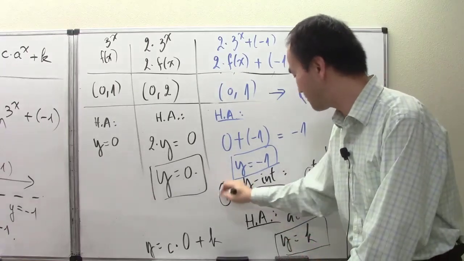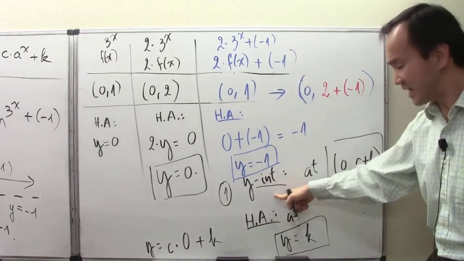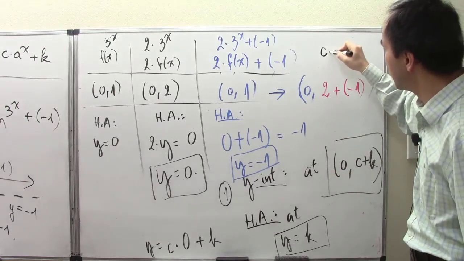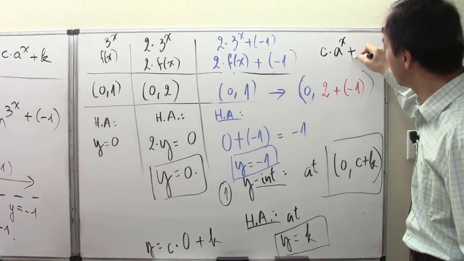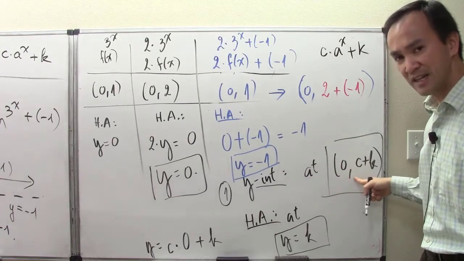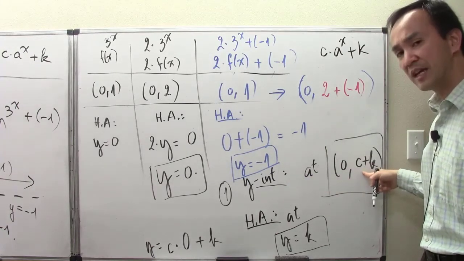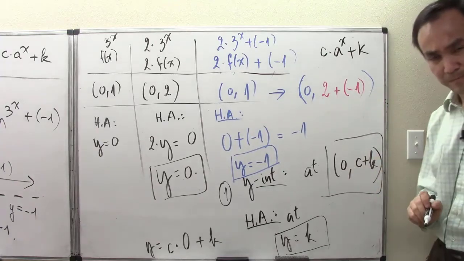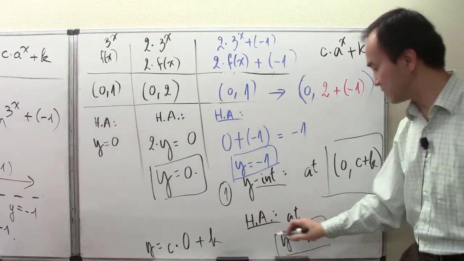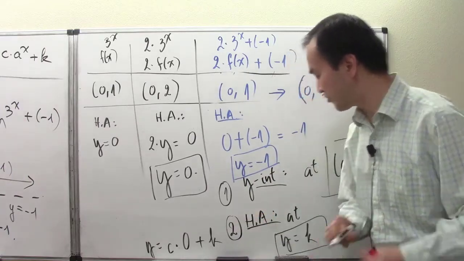Number one, the y-intercept: when our function is transformed in the form of c times a to the x plus k, the y-intercept is always at 0 for x, plus the y value being c plus k. And then for horizontal intercepts, the second important characteristic that I was mentioning.